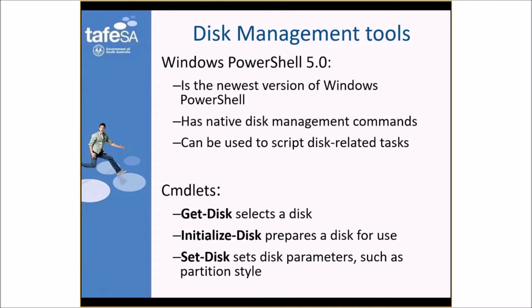Anything you can do with any graphical user interface on the Windows operating system, you can do with PowerShell. It's a very powerful scripting language, and you'll be learning all about it in a subject called Create Network Scripts. So we're going to leave this for now because, like I said, we're just learning how to do it rather than getting to that level where we know all about partitioning and volumes that we can do with the PowerShell scripts.